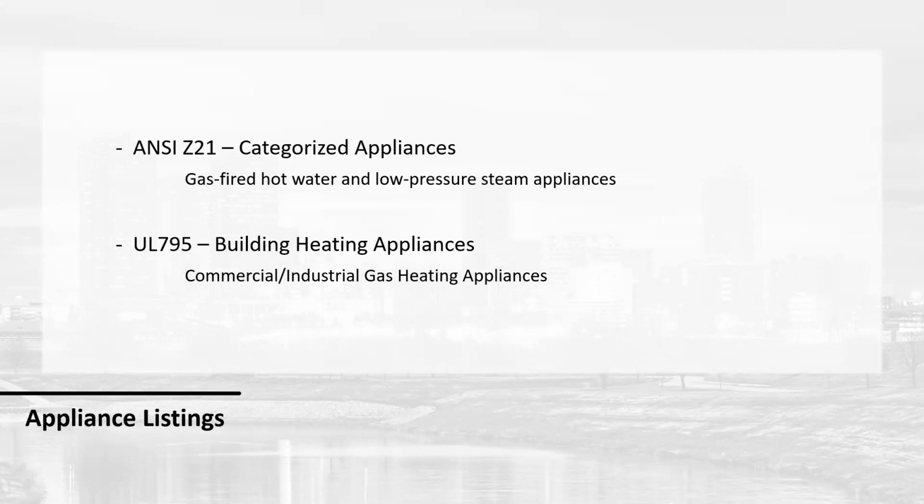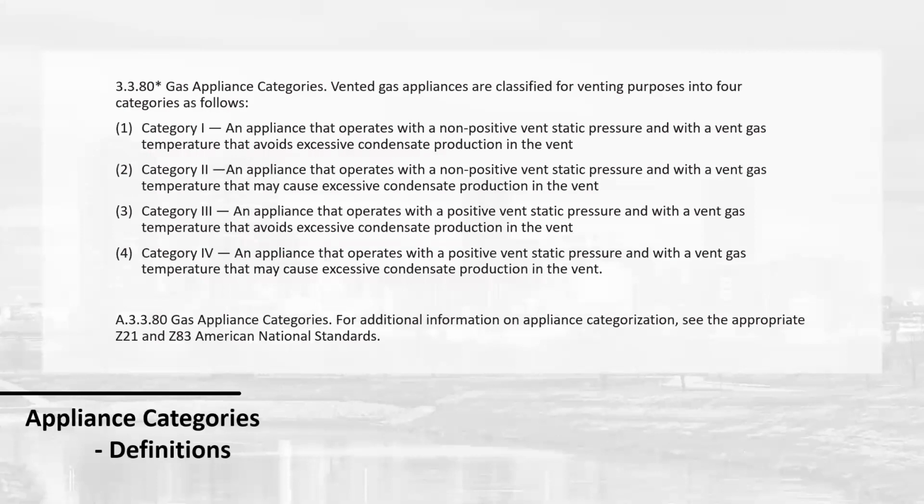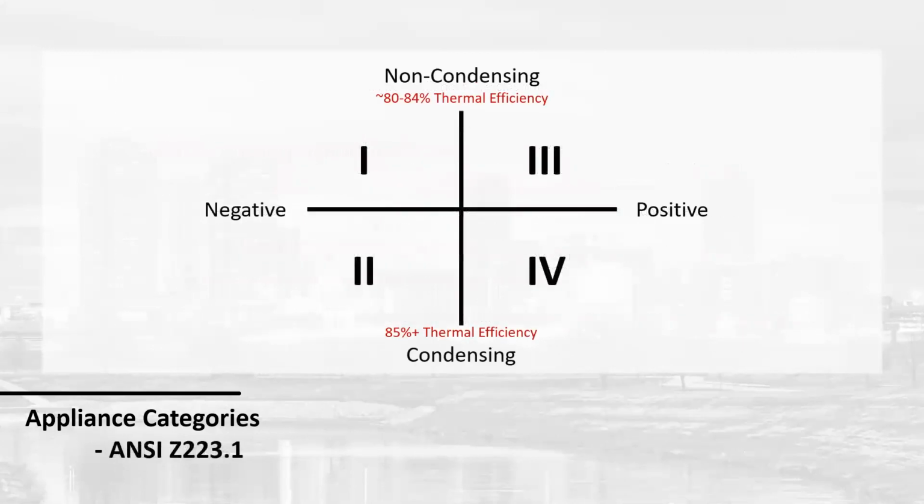So looking at Z21 first, they were real creative when they named these. They call them categories 1, 2, 3, and 4. And I could read these verbatim if you'd like. It's very boring, put you to sleep. So instead, we're just going to look at the nice little cheat sheet that they give us. And there's basically 2 things that determine a venting's category. One is whether the outlet pressure is negative or positive.